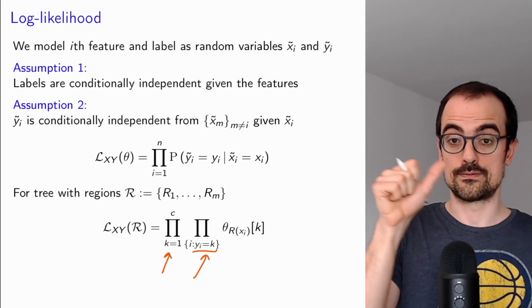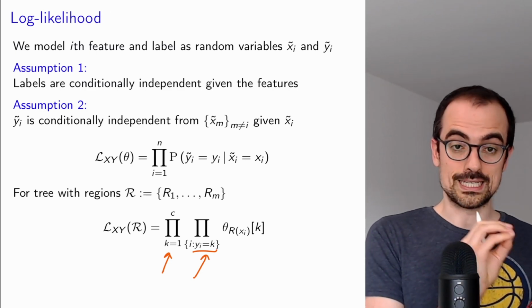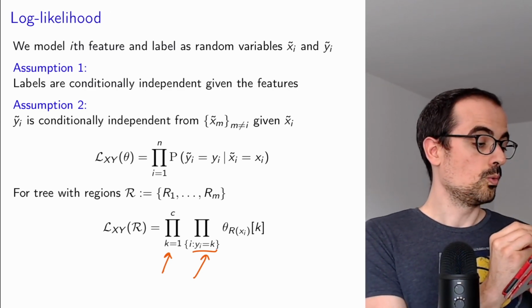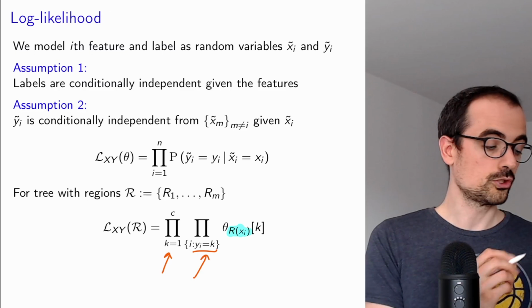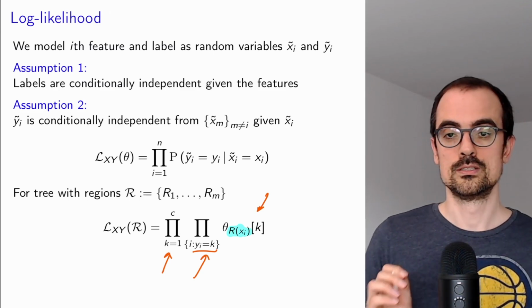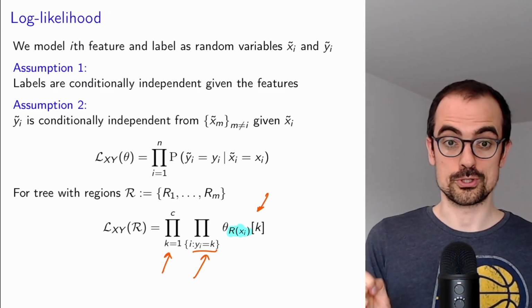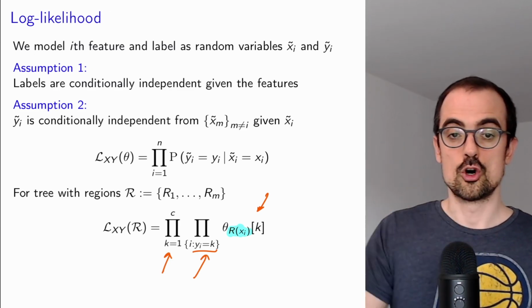First, we look at the first class, and then we look at all the data points that belong to that class. We check the feature vector, we see what region it belongs to, and then we pick the entry of the constant probability vector corresponding to the class that was observed. We do this for all the classes, and that covers all of the data points.